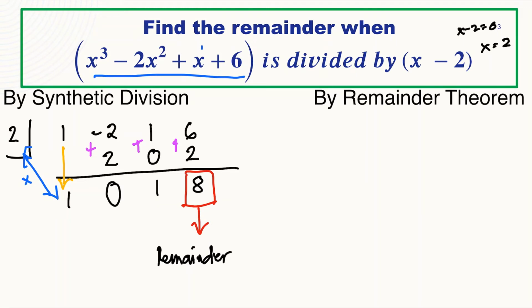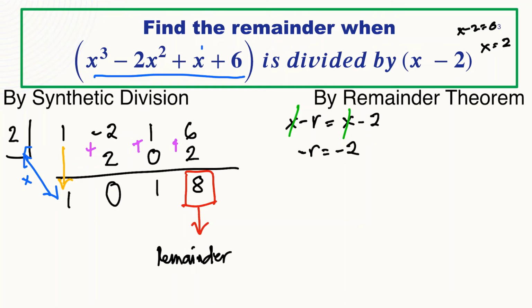Now let's try to use the remainder theorem. Again, the first thing that we need to do is to solve for the value of small r. So we have x minus r equal to x minus 2. Solving for r, that will give us negative r equals negative 2.